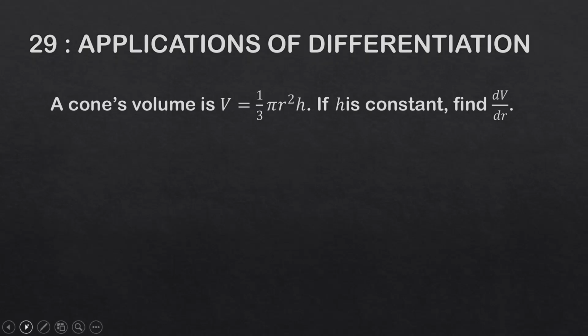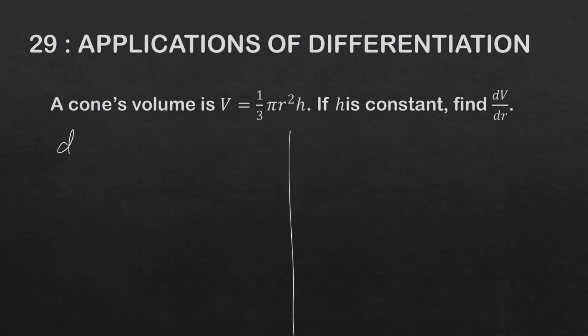So I have number 29, which is almost close to the end. They say a cone volume is given as 1/3 pi r squared h. If h is constant, find dV dr. Okay, so in this case, h is constant, of course.